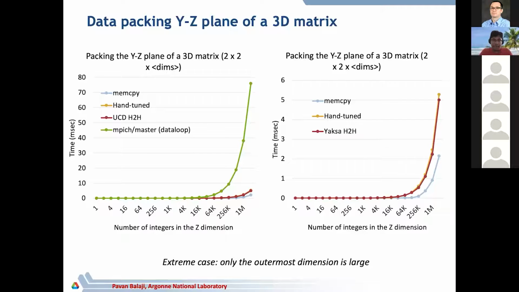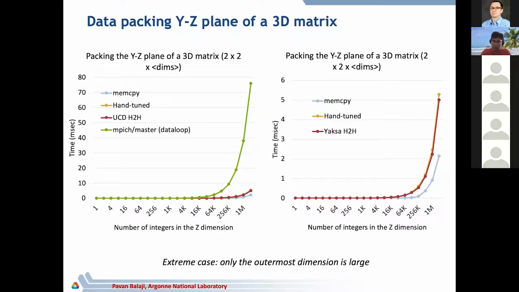And over here on the right-hand side, I dropped the MPICH line and showed the different performance numbers. You can see that we do a little bit better than hand-tuned code as well. The reason is that, again, I don't know if this is the most fair comparison, but in the Yaksa kernels, we generate type-specific kernels.